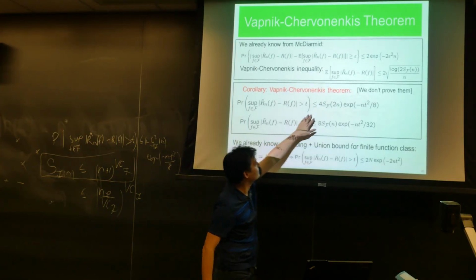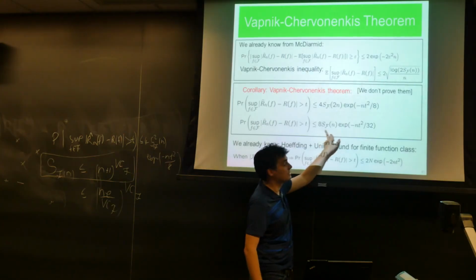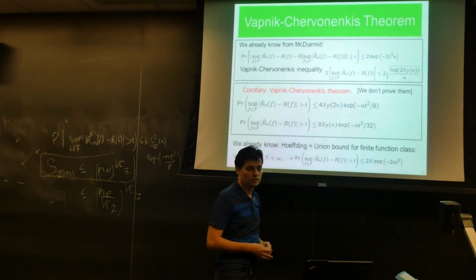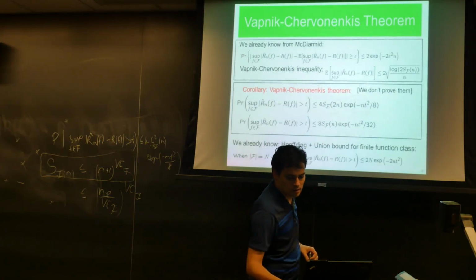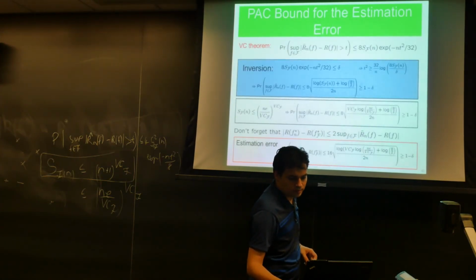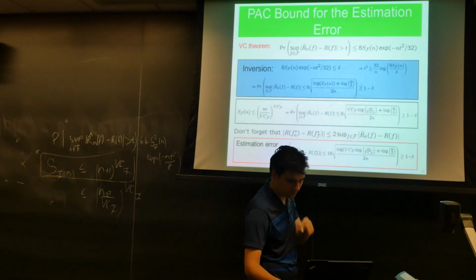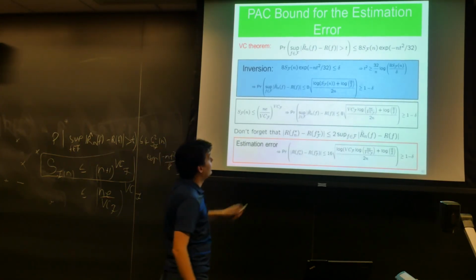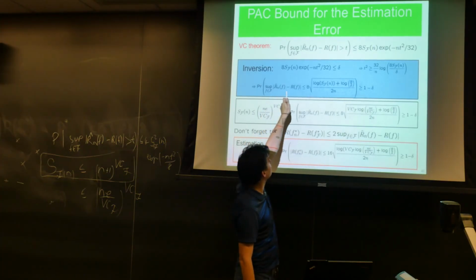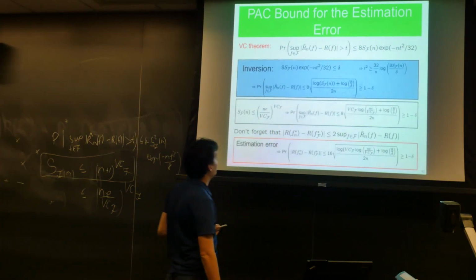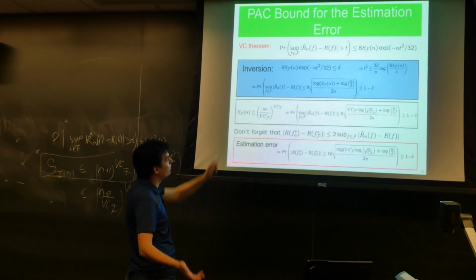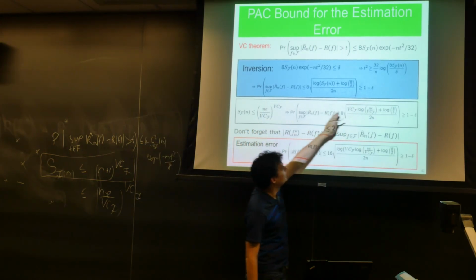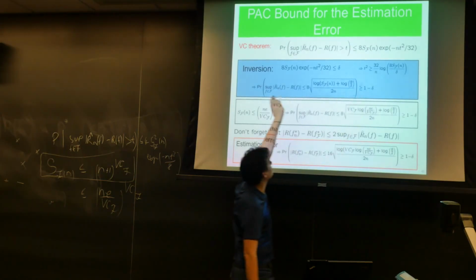In some books you can see this inequality, in some books you can see this inequality. They are almost the same. All right, another thing you can do, if we have this inequality on the top line, is do inversion on this inequality as well, and then you would get something like this: if delta is small, then with high probability this inequality holds.